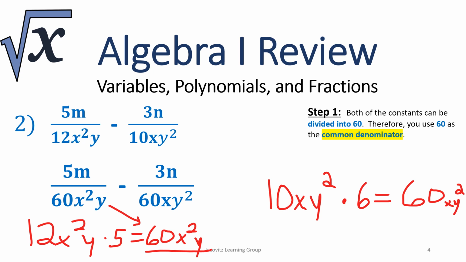Let's take care of this. 12 goes into 60 because 12 times 5 is 60, and 10 times 6 is 60. So you can just do 60x squared y. We will take care of the denominator in a second.